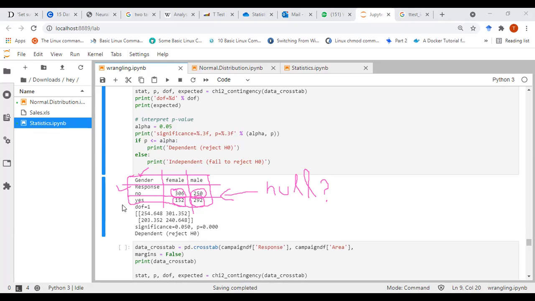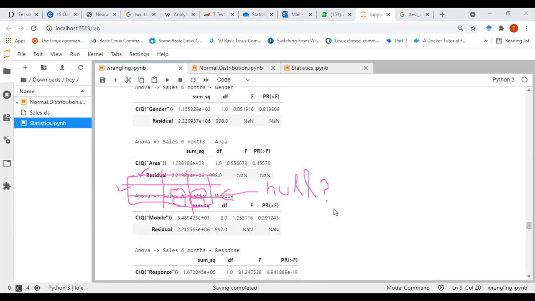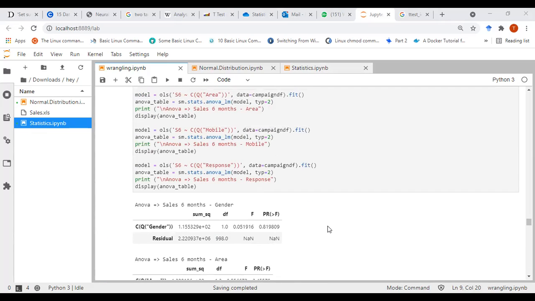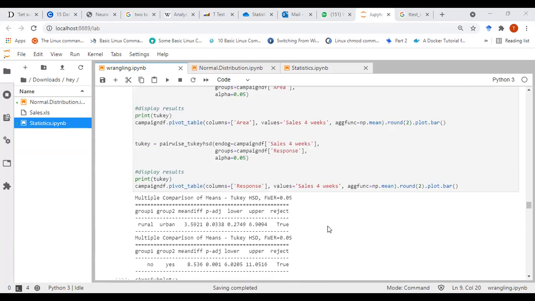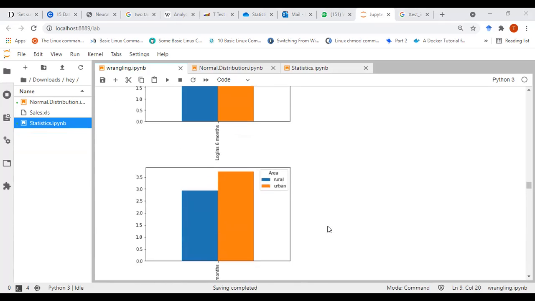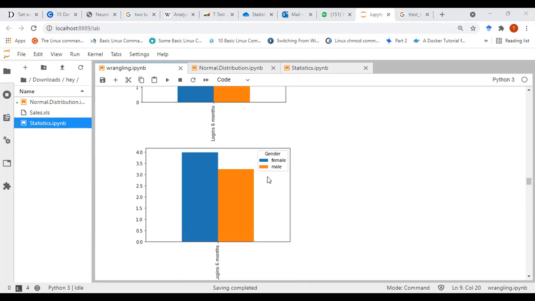No, that was not the conclusion. What was the chart there? Sorry, let me just clear this. There was one chart. Yeah, this one. So this was with respect to login 6 months. Here we found that females are more likely to log in in the last 6 months than males.